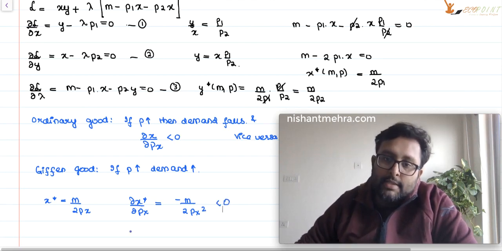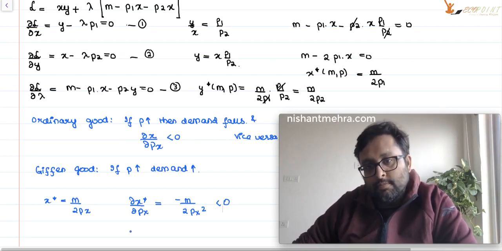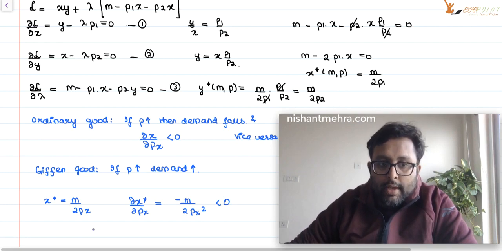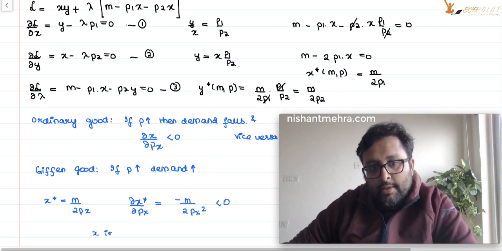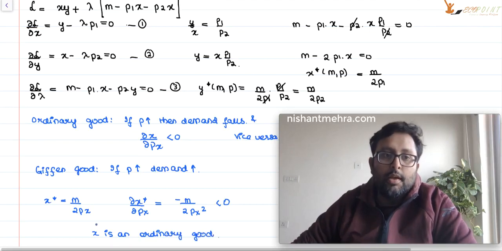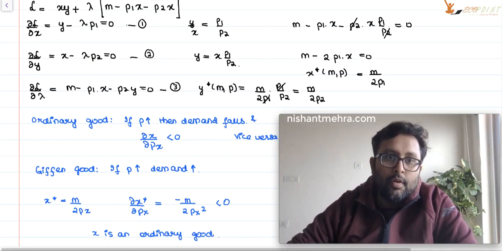So as your price is increasing, then demand is decreasing, right? Demand is decreasing because m and px are all positive. Because of this minus sign, this becomes negative. So x is an ordinary good.